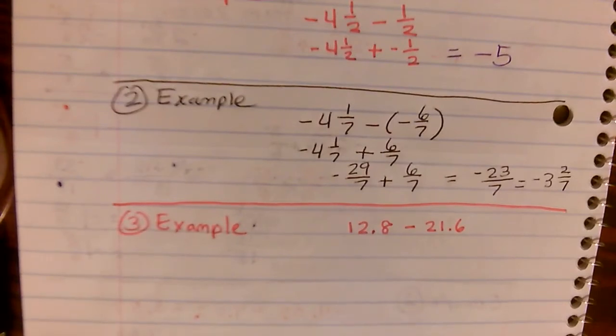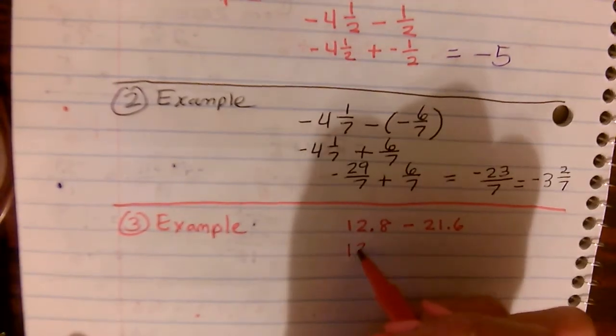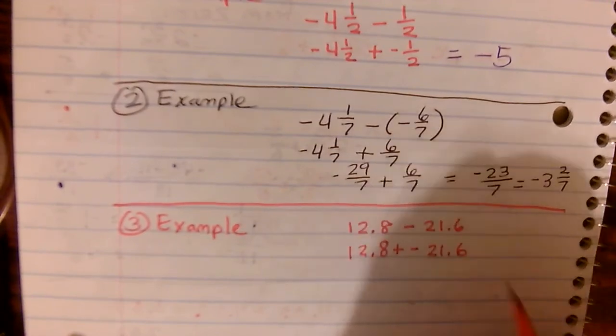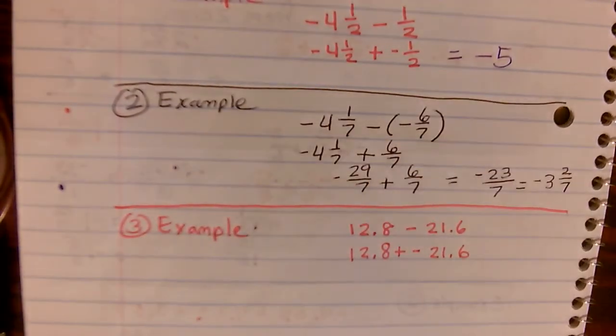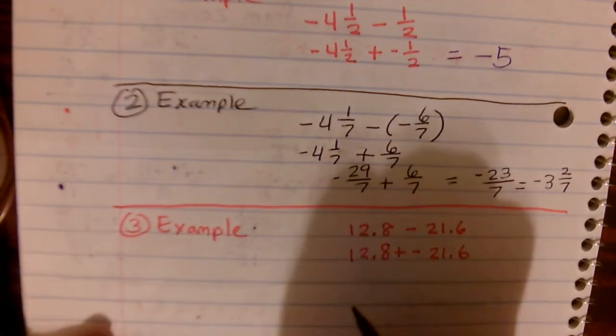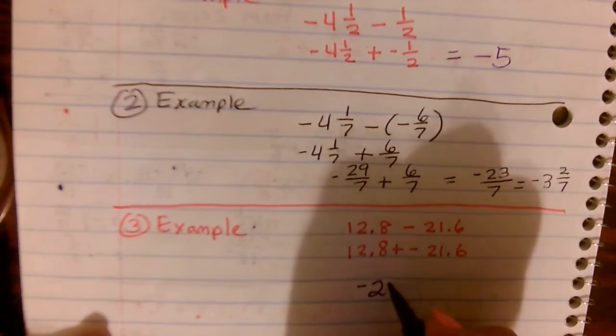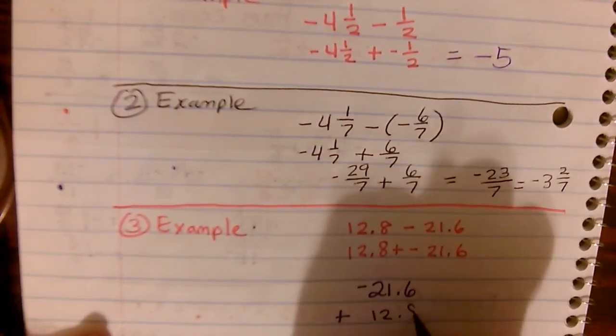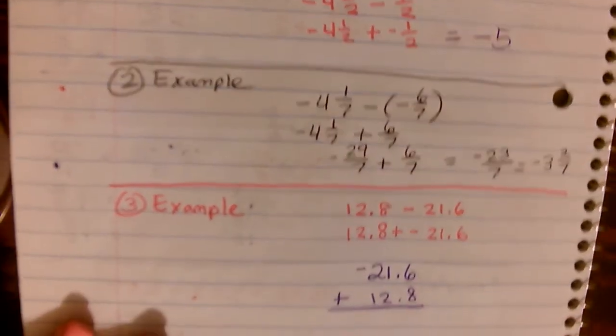We're going to change that to 12.8 plus negative 21.6. The signs are different, we subtract. So when you line this top to bottom, line the one with the larger digits on top. Even though this is negative, this goes on top, plus 12.8. That makes it easier to subtract.